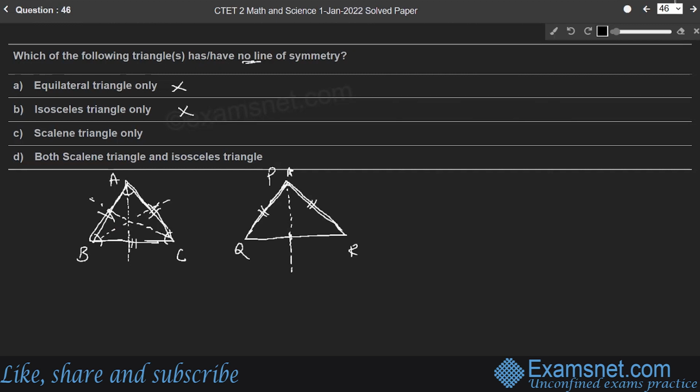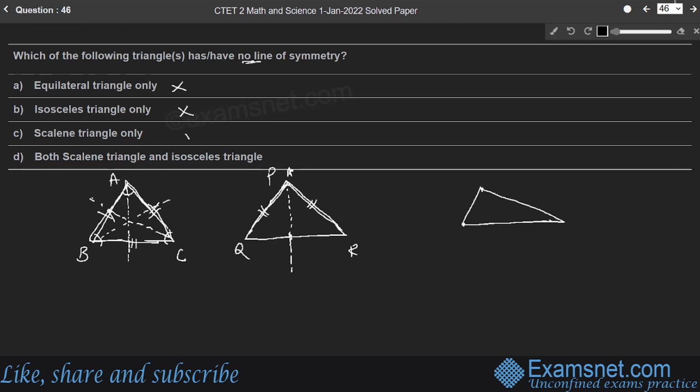Now, what about a scalene triangle? Scalene triangle means all three sides are not equal in measurement and the angles are also not equal. So there is no line of symmetry. If we draw an imaginary line, it does not divide the opposite side into two equal parts.